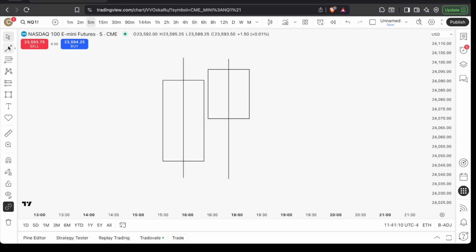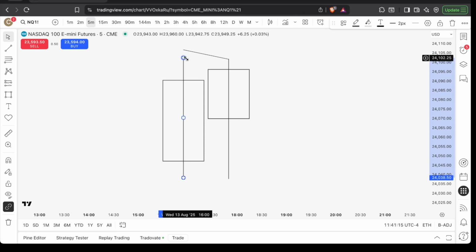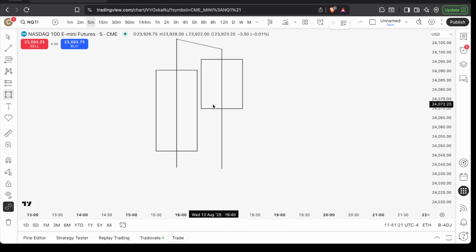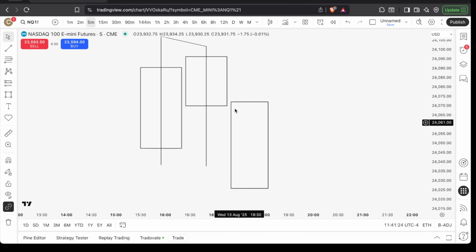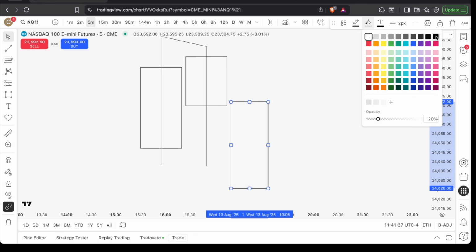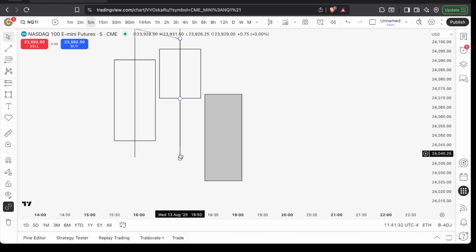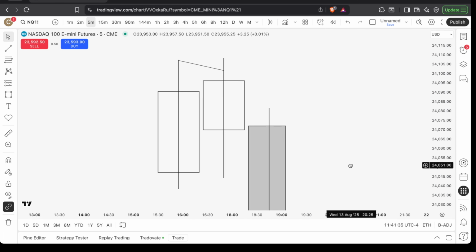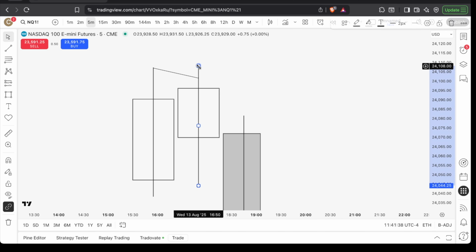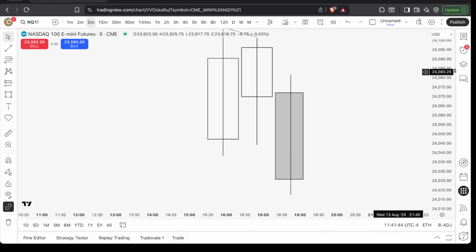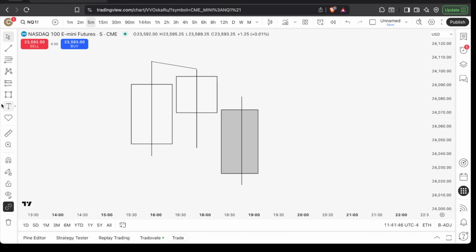Fail to create a higher high, creating a failure swing. And what does the price do? Reverse. Right? Failure swing.